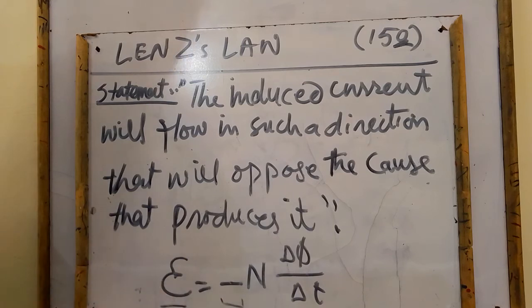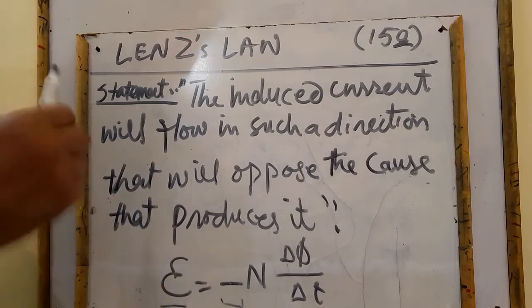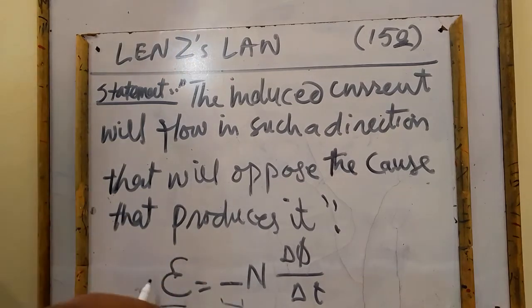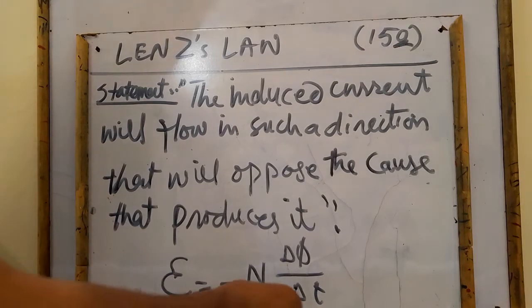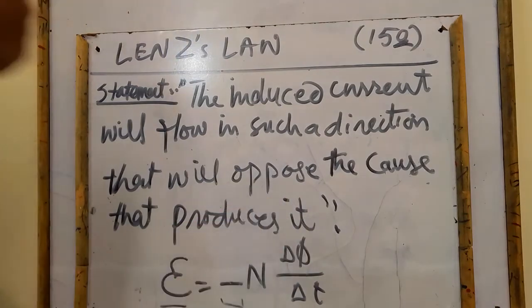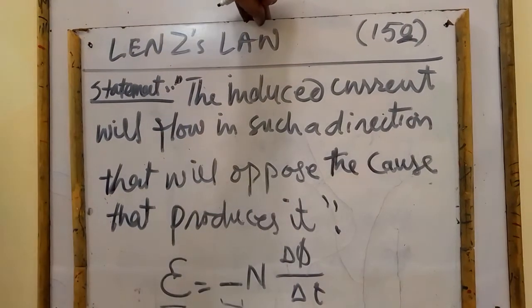As in physics, we have always been discussing this concept that negative sign means opposition in direction. So, the direction of the induced EMF or the induced current will automatically be opposing the changing magnetic flux. So, induced EMF or induced current will never like to change the magnetic flux passing through the coil.